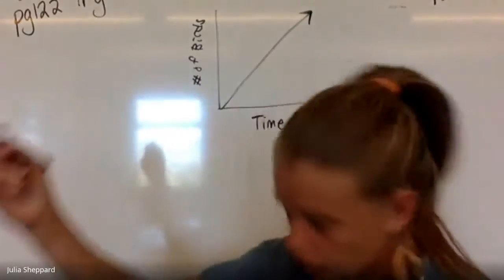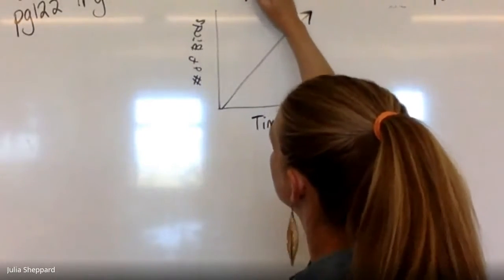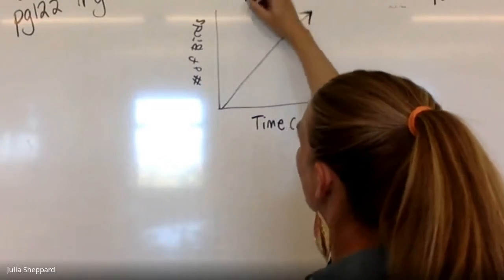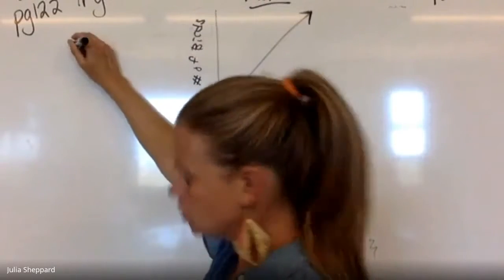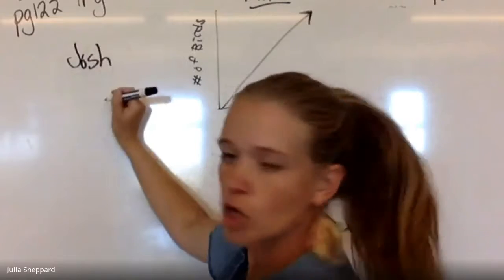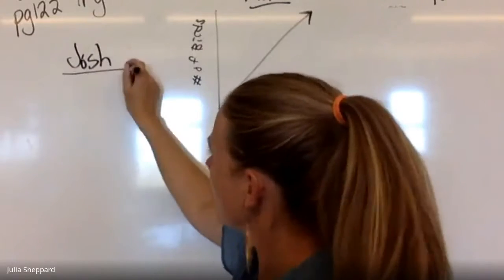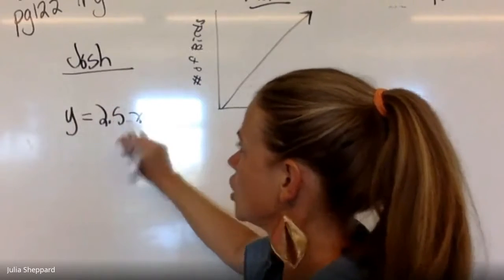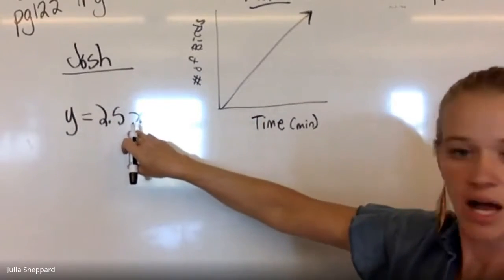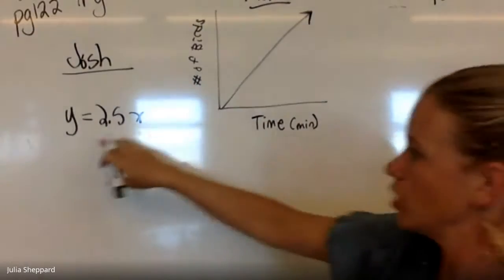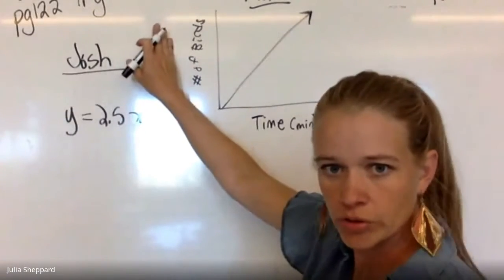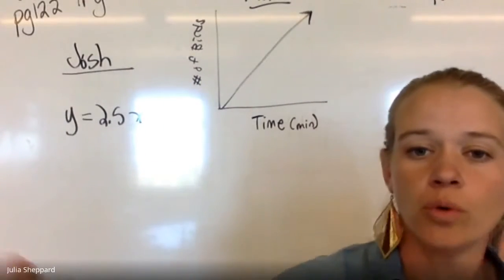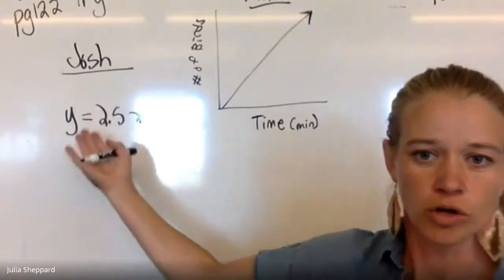They give you Marlo in a graph, and then they give you Josh, but they give you an equation. So Josh has y equals 2.5x, where x is the time and y is the number of birds. And it's really hard to compare these because one's in words and one's in a graph.